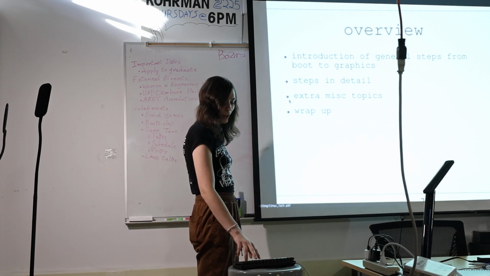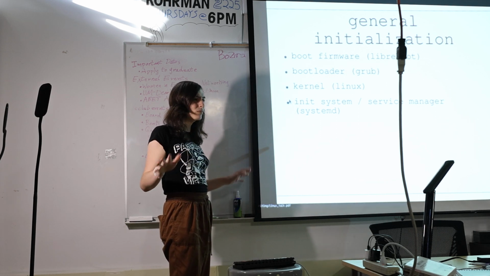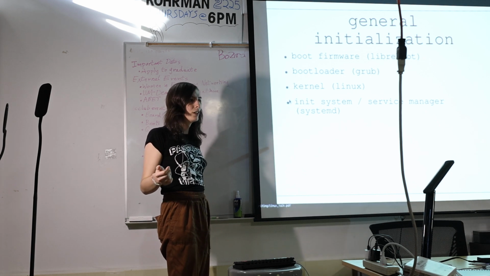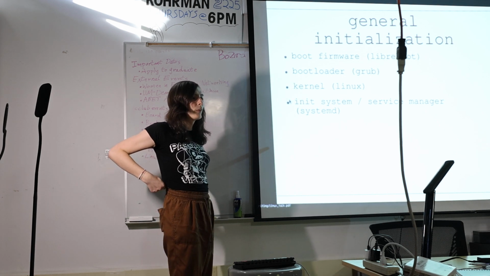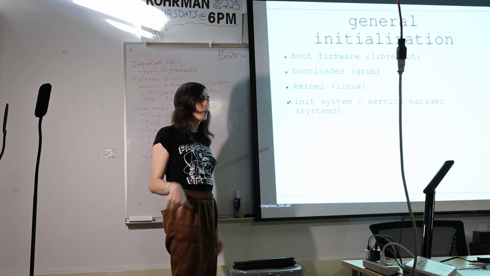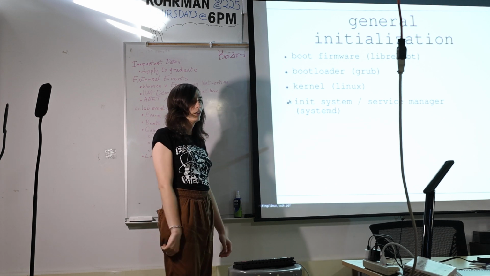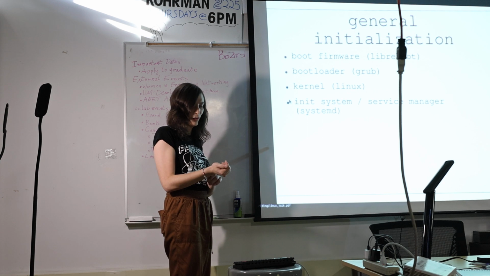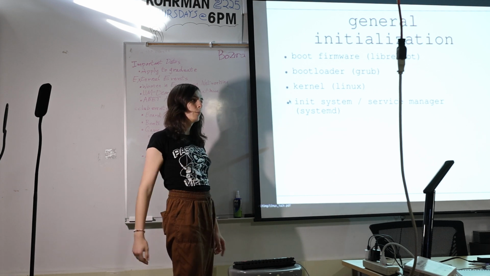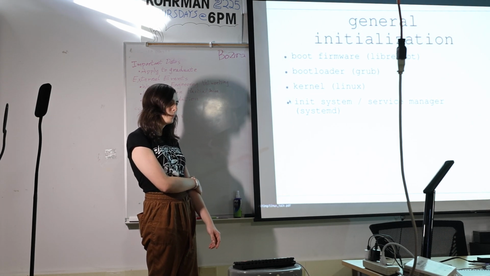So to begin, there's what I consider the general initialization, stuff that you just have to do in order to use the system at all. That starts with the boot firmware, which in my case is Libreboot, and that is on a ROM on the motherboard, and that is how the system knows how to initialize when you first turn the computer on. Then that loads control to the bootloader, which in my case is GRUB.